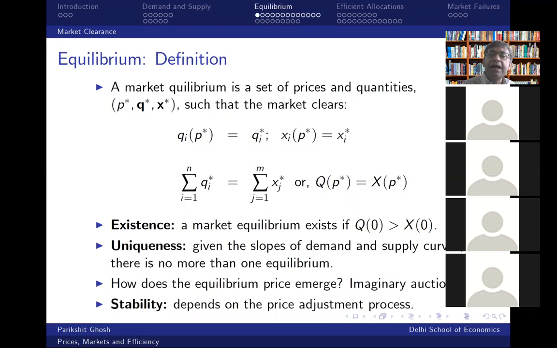The stability question is: given the adjustment process, will the price eventually find its way towards a market clearing level? So these are the theoretical questions. Let me move beyond them, just having mentioned them.